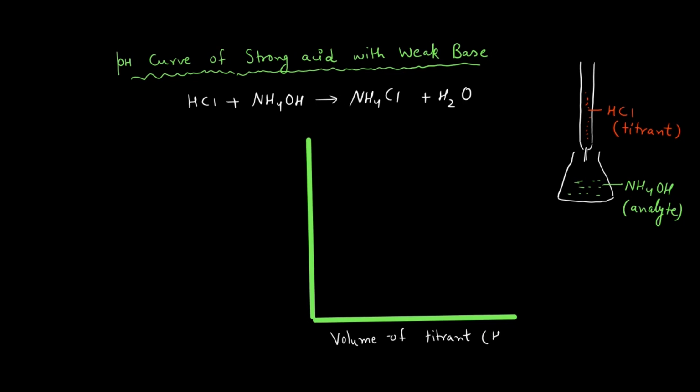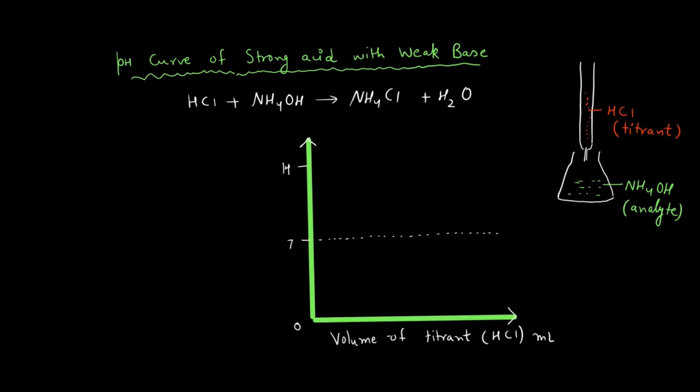Here our titrant is HCl, so we are going to use the volume of titrant on the x-axis, and on the y-axis we will draw the pH from 0 to 14, and this is my midpoint at 7, and I will draw a dotted line representing the pH 7, neutral.